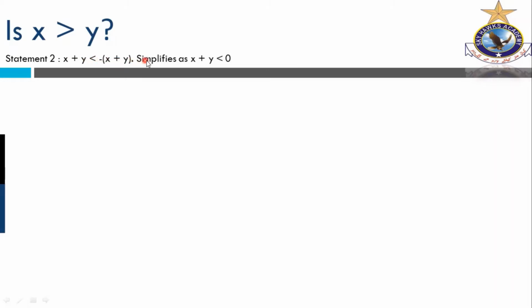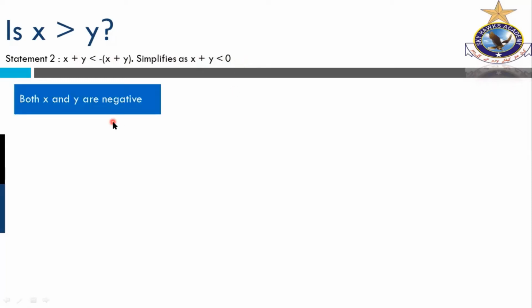Bringing things to the right hand side, we get the simplified result that the sum is less than 0. The sum of x and y is negative. So both x and y are negative, because the sum of two negative numbers is always negative.